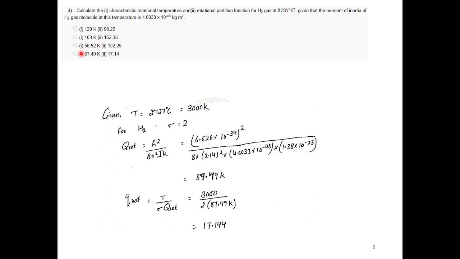So your value is 87.49 and 17.14. So D is the answer here.